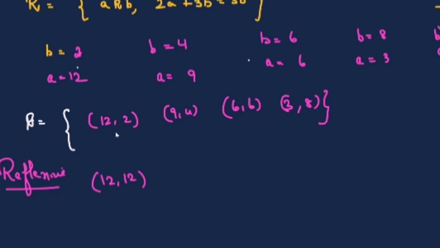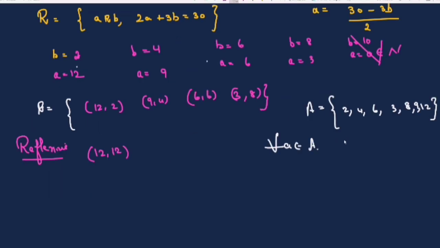If I take 12, (12, 12) should be there. If I take 9, (9, 9) should be there. But it's not there. Every A belongs to A. You should have (A, A) in R. But it's not there, isn't it? (12, 12) is not there in R. Therefore, not reflexive. So, just by seeing (6, 6), don't say it is reflexive.